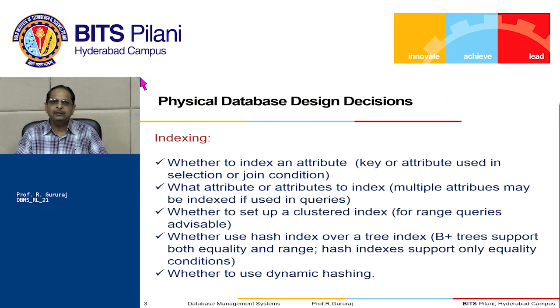If a file grows or shrinks and is not static in nature, that is, when it is dynamic, and the number of tuples or records or the file size grows or shrinks, then it is better to go with dynamic hashing techniques like linear hashing or extendable hashing, and so on. We need to take these kinds of decisions with respect to indexing and hashing.